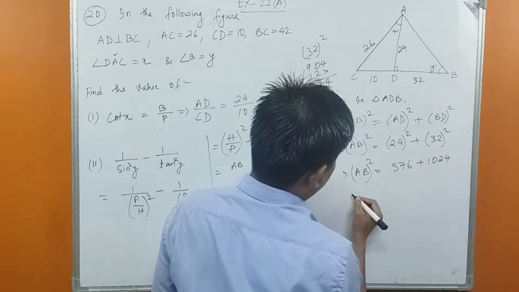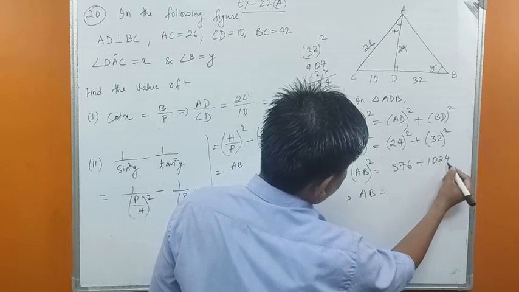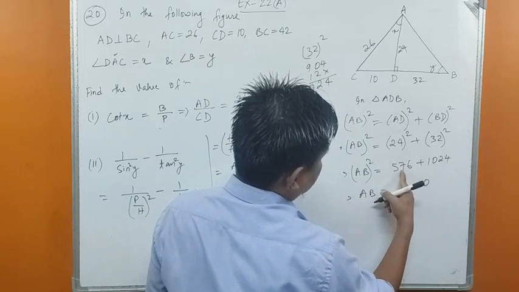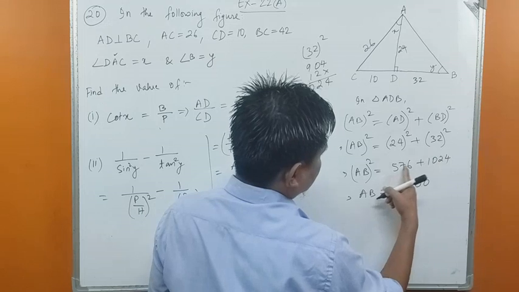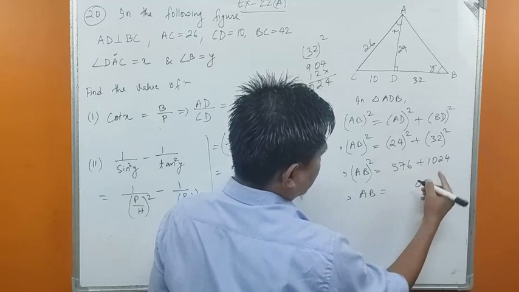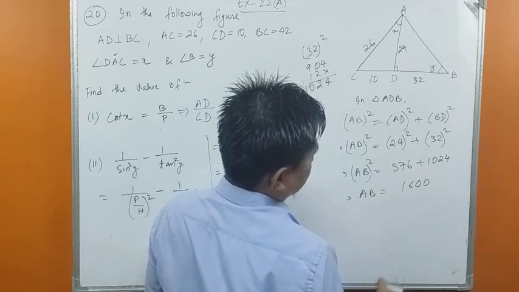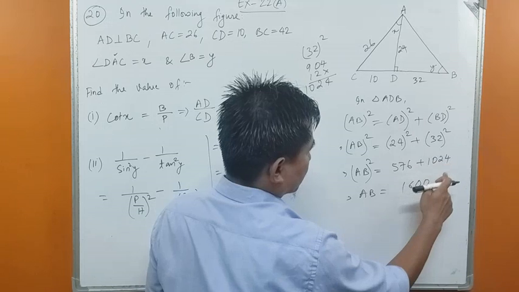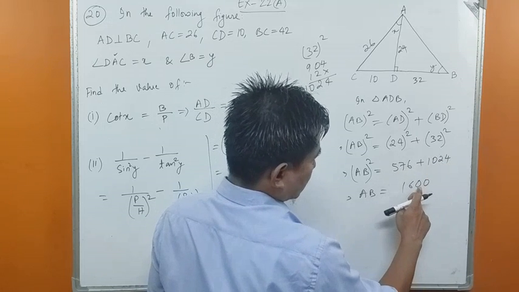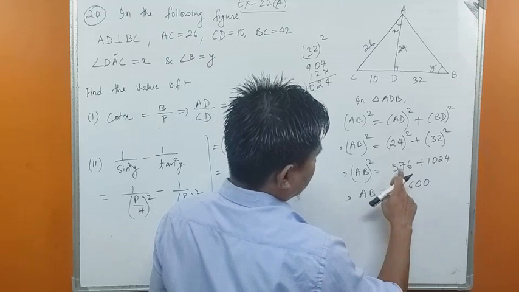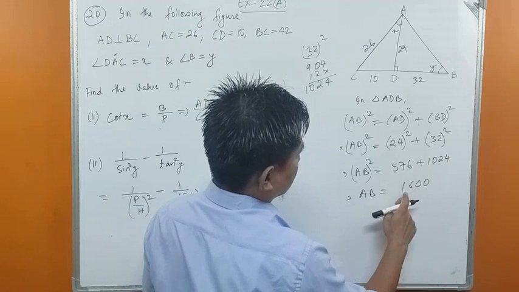Then 6 plus 4 is 10, 7 plus 2 is 9, plus 1 is 10, 5 plus 0 is 5, plus 1 is 6, and this one we write here.